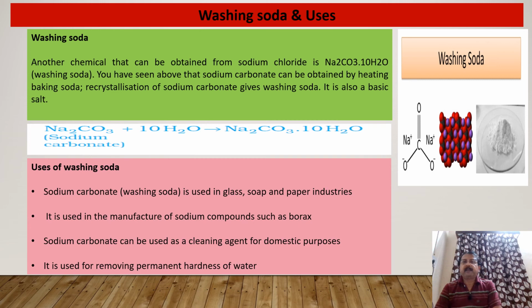It is Na2CO3.10H2O, that is the name of washing soda. We have seen above that sodium carbonate can be obtained by heating baking soda. Recrystallization of sodium carbonate gives washing soda, and it is also a basic salt.